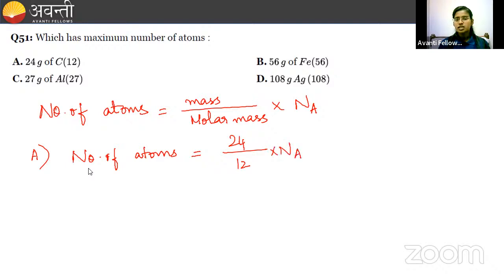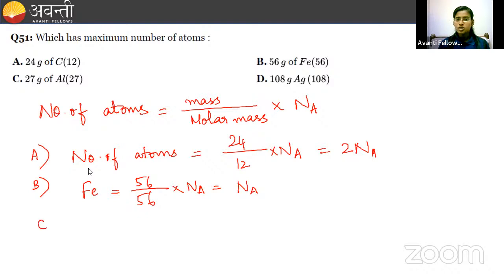If we cancel this, we will get 2 into Avogadro number as the answer. In the same way, for option B, the number of atoms for iron is equal to the given mass 56 and the atomic mass is also 56, into Avogadro number. So it will be equal to 1 Avogadro number, which is Na.